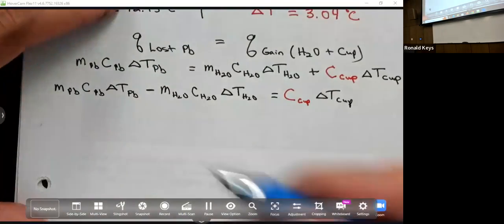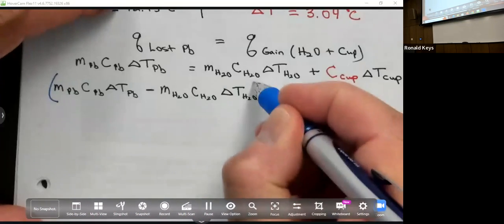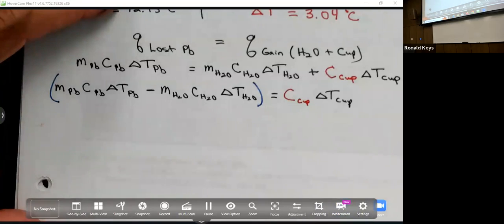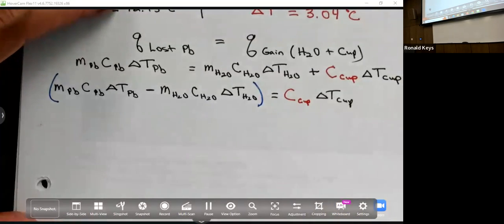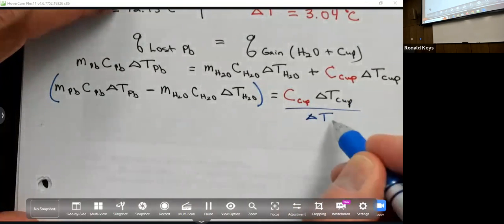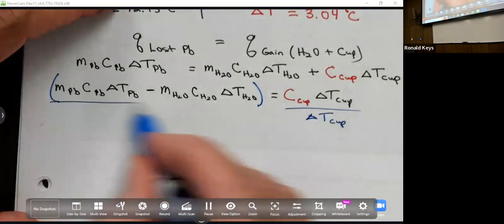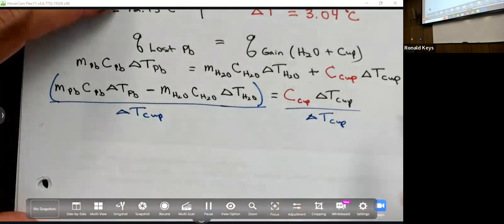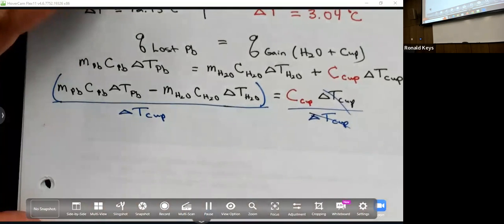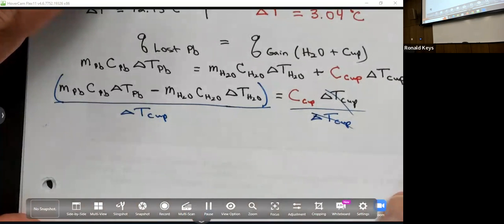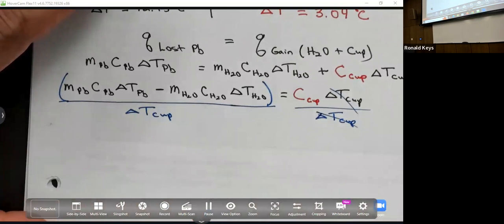So I'm going to divide both sides by the change in temperature of the cup. It's going to be a lot easier. That's going to leave my value I'm looking for. So now I've got it all solved. I don't have to factor anything out. I don't have to distribute anything through.